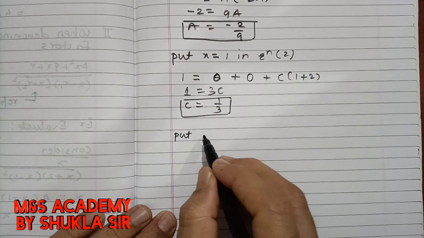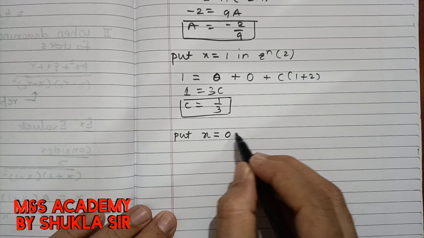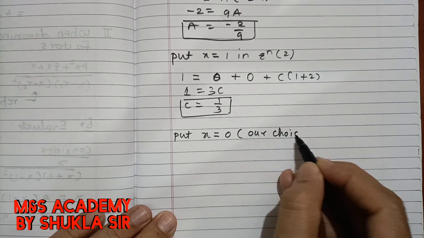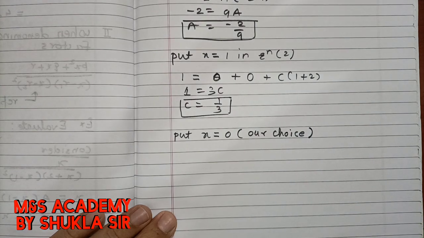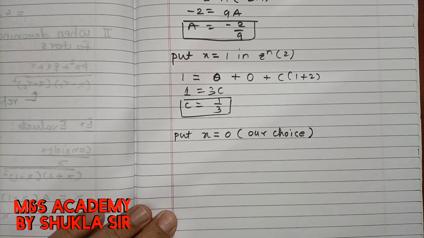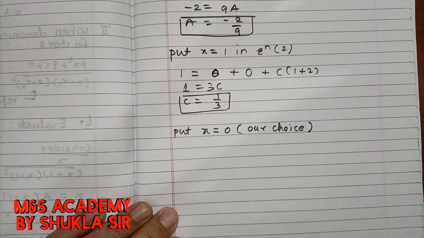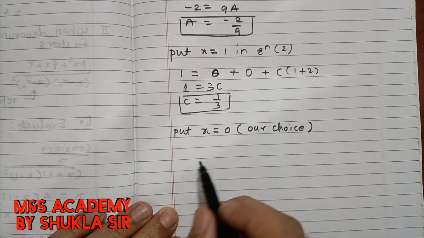Next, put x is equal to 0. Obviously this is our choice. You can choose any number other than the first two roots. So the simplest one I will always start with is 0.